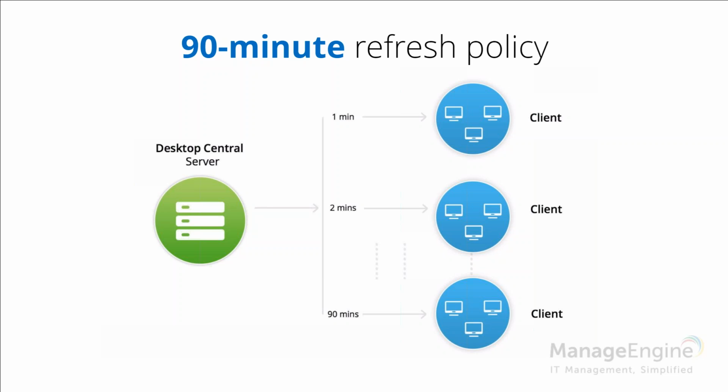So that's why the server ensures the task is distributed in a streamlined, balanced manner. And in return, that also ensures that it is not impacting your network bandwidth as well as server CPU performance.